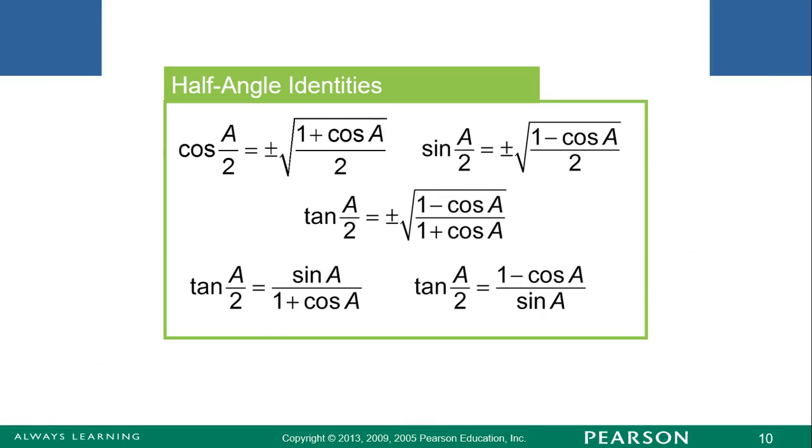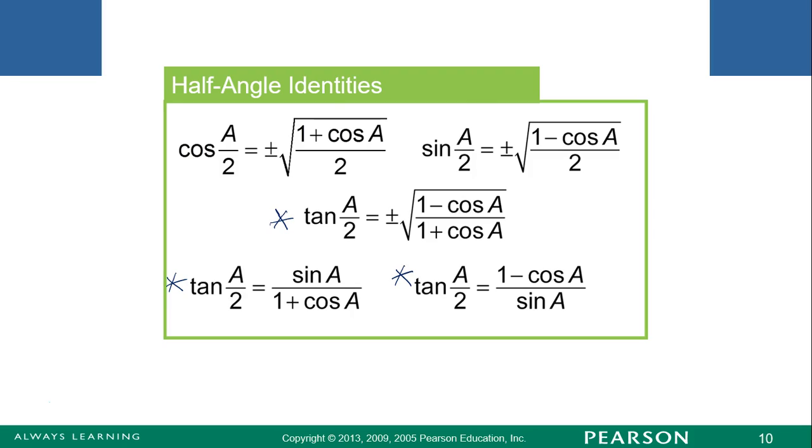Now here are all of our half angle identities. And similar to how we have different variations of our cosine double angle identity, we have different ones for tangent of our half angle identities. Okay, so if we're asked to find tangent of some angle over 2, then any of these 3 you can use.